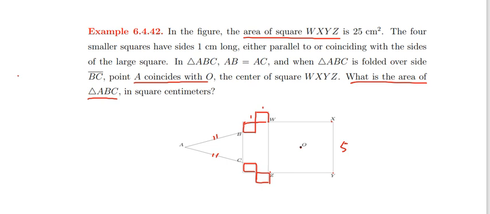Okay, so there's a point A, and there's a point O that coincides with it. So this means we connect the 2 points.